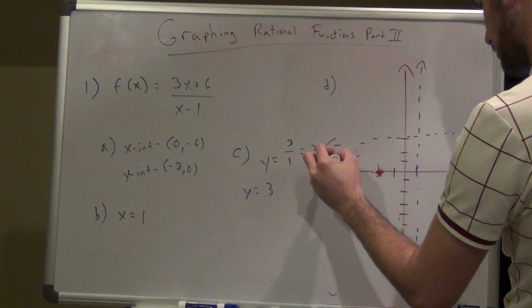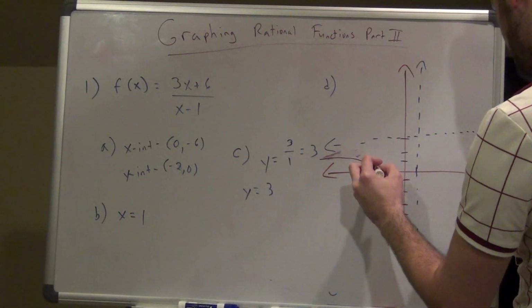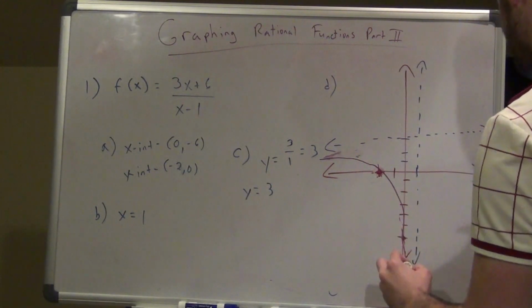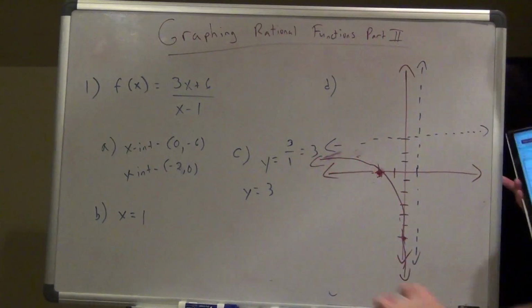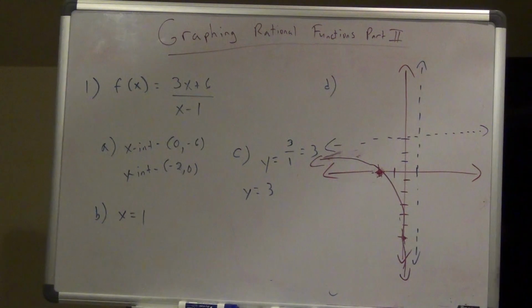It's going to get really close here, and it's just going to go down. Something like that. Again, a rough sketch, but it's going to get really close to that one, really close to that one, but never going to get there.